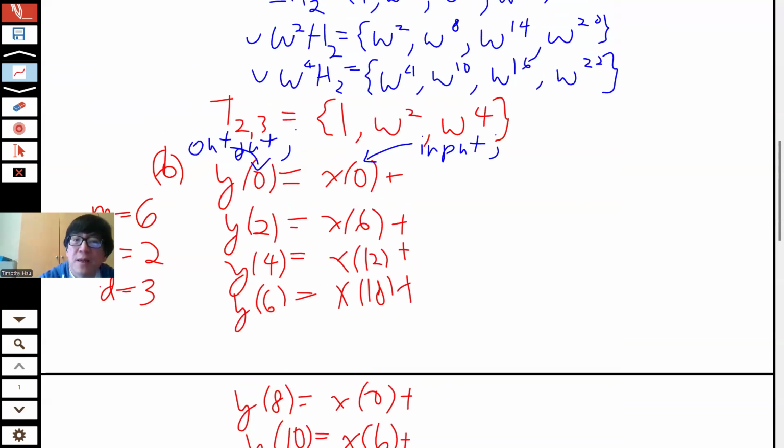Then the subsequent indices all come from offsetting the starting points 0, 6, 12, 18 by the indices corresponding to the powers of the transversal, so 2 and 4. So we have x of 0 plus x of 2, and I'm going to leave a space for the twiddle factors, and then x of 4.